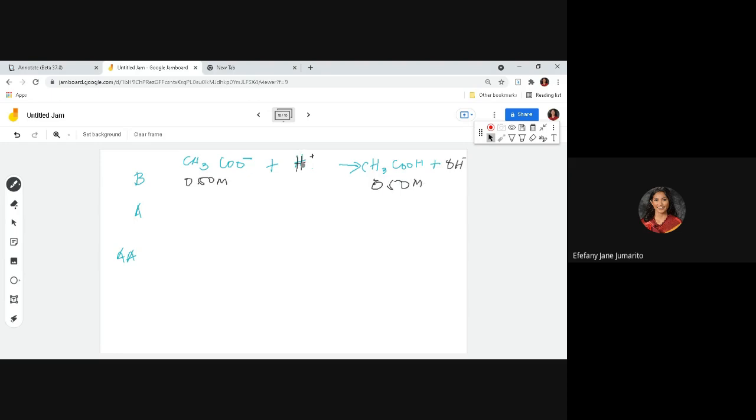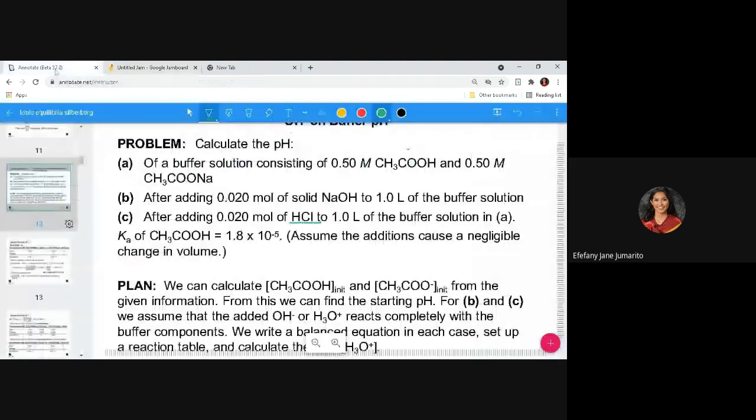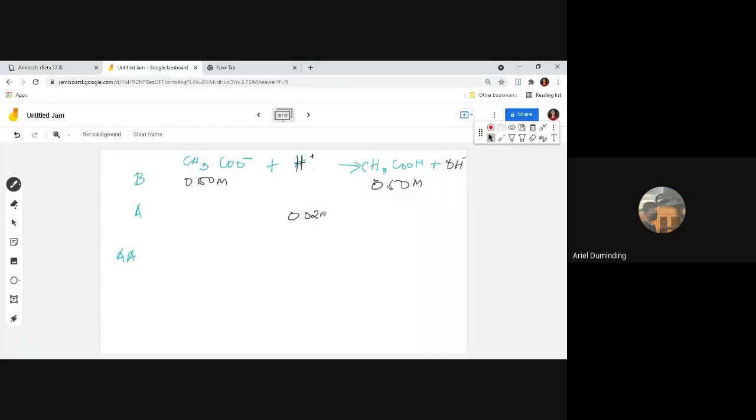Then you add HCl, you add how much? 0.20. So after addition, this will become 0.50 molar minus 0.20, that's 0.30. This will be consumed. Then we also have this one, it becomes 0.70.